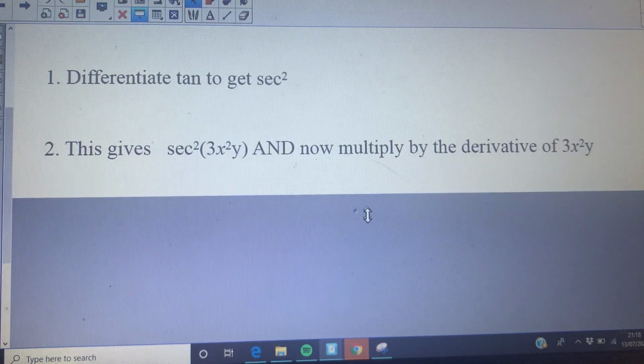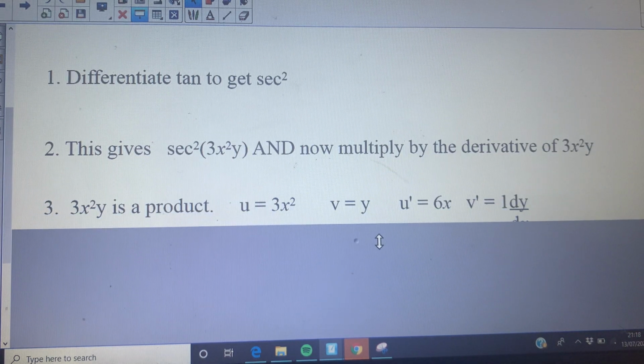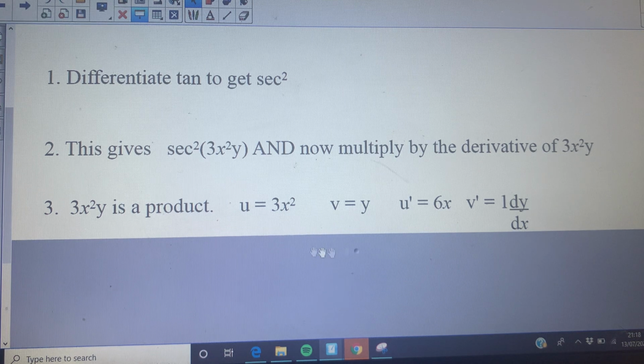You can see these are going to be hard questions, big mark questions. So I've let u equal 3x squared and v equal y. I'm now finding du dx. That's great. I'm now going to find dv dx. So I differentiate y with respect to y, giving me the 1, and then I multiply by dy dx.